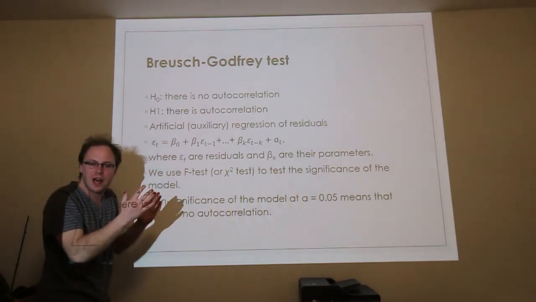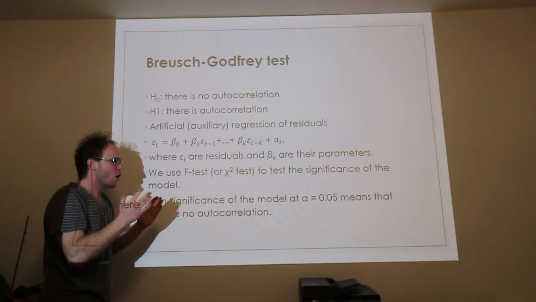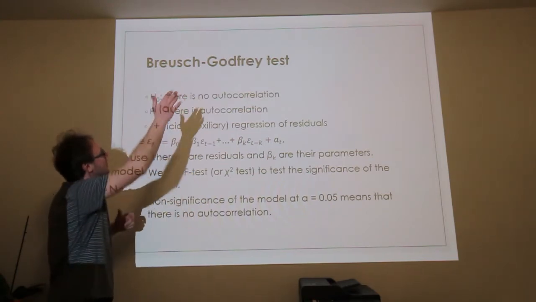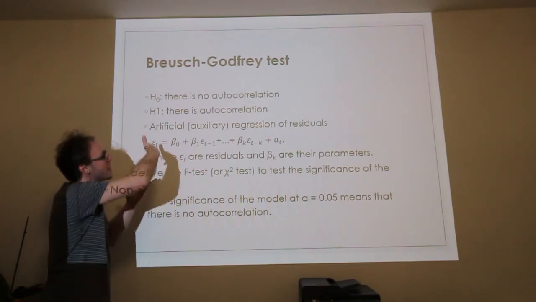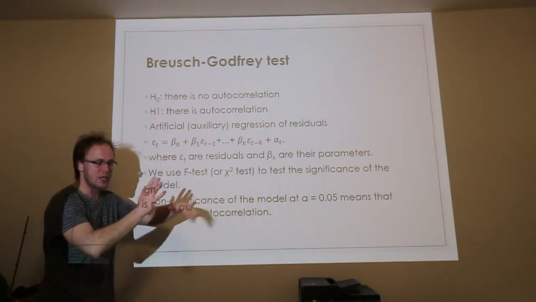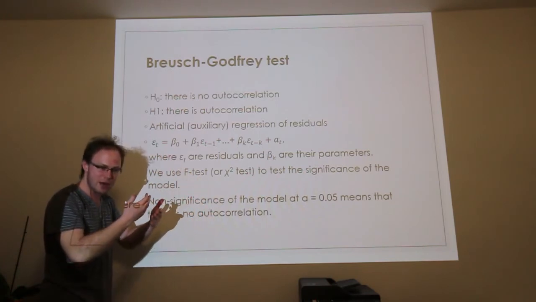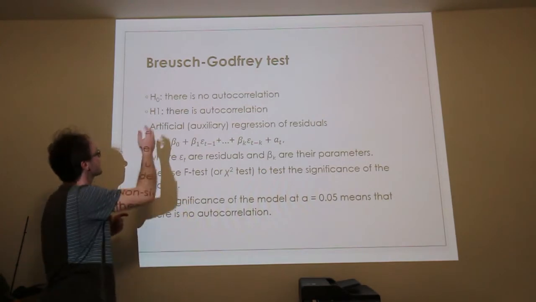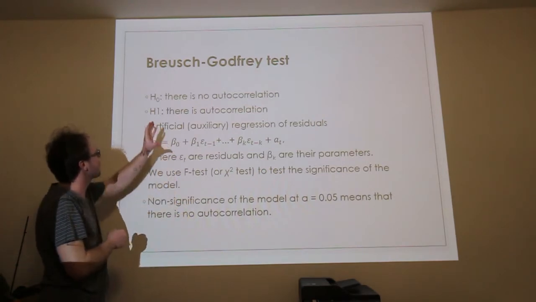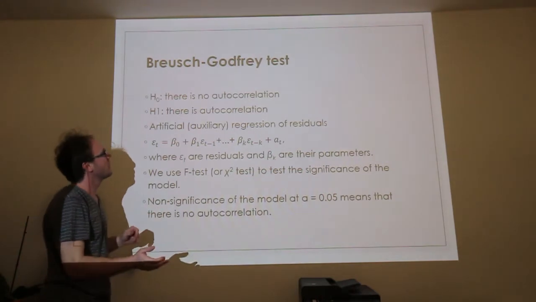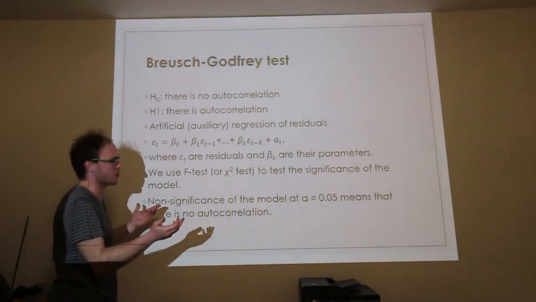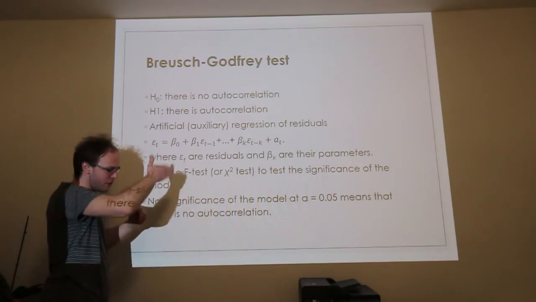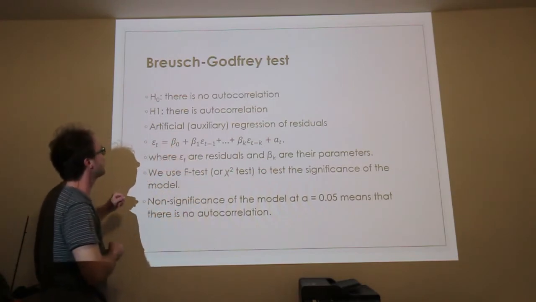Again, as in the case of Durbin-Watson, the zero hypothesis is that there is no correlation, no serial dependence, no autocorrelation. The alternative one is that there is autocorrelation, a serial dependence between observations.